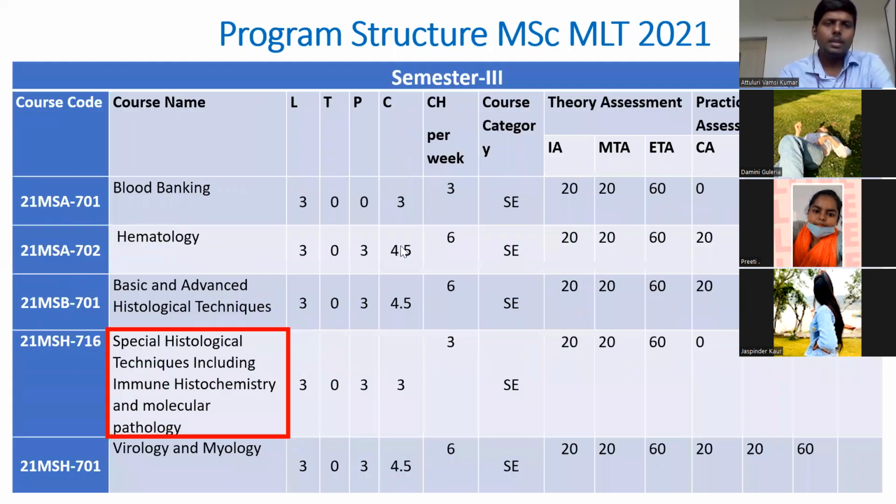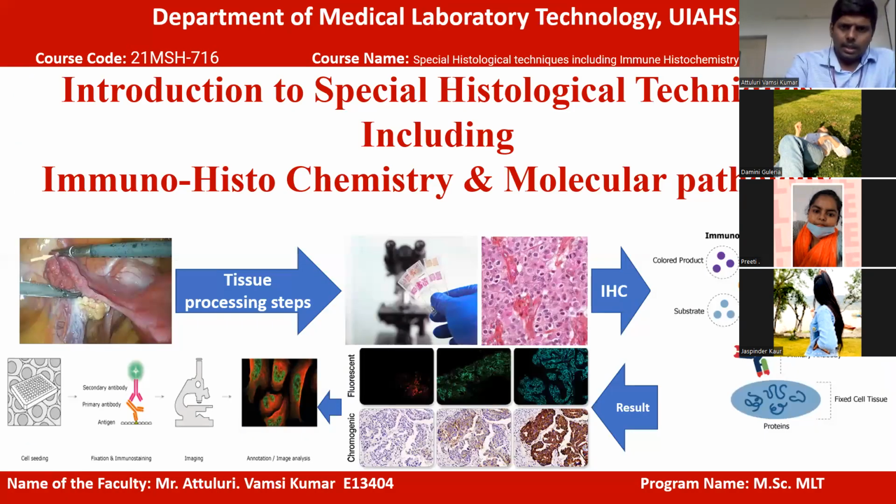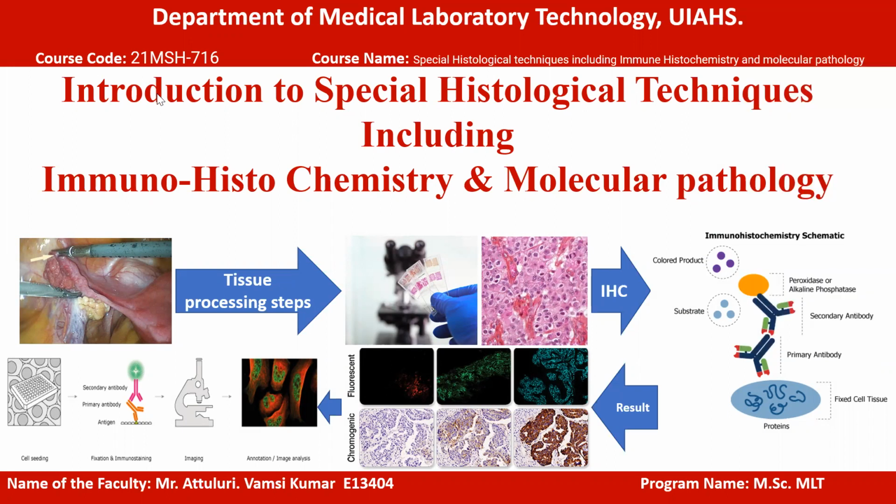Okay. All right. So in summary, if you observe clearly, students, I have kept a complete summary of immunohistochemistry in the first slide. Here in immunohistochemistry, we took a biopsy. Then this has been subjected to heat.